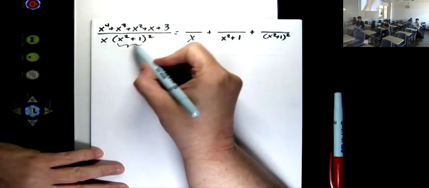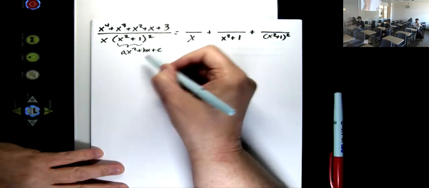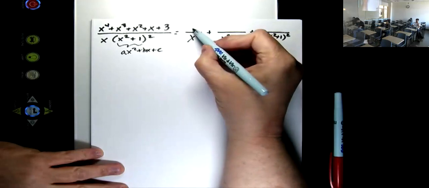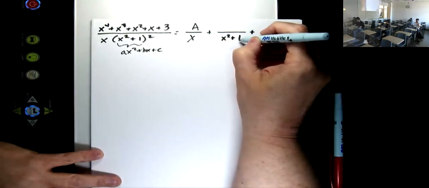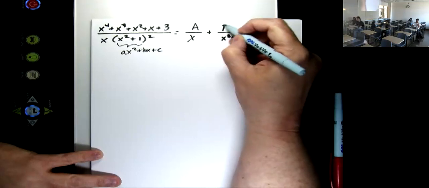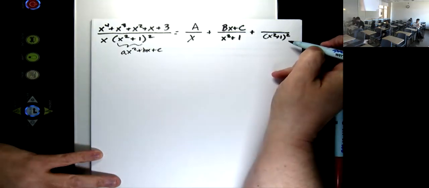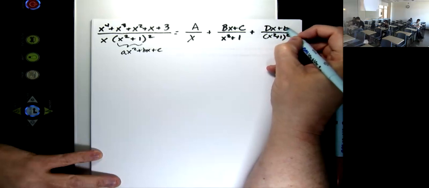This really is like an ax squared plus bx plus c, where b equals 0, which means if I do a here, this one needs an x with it. If I see the squared, I have to have one smaller on the exponent. And I'm going to have a dx plus e here.